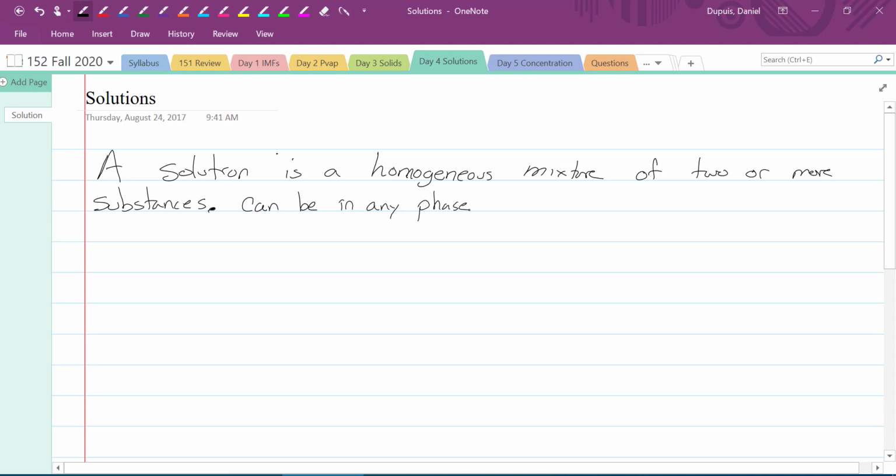And so they can be in any phase. Of course, that means it could be a solid, liquid, or a gas. So that could be dental amalgams that they don't use anymore, where there's mercury and silver. Steel is one. You have solid and liquid, like salt water.